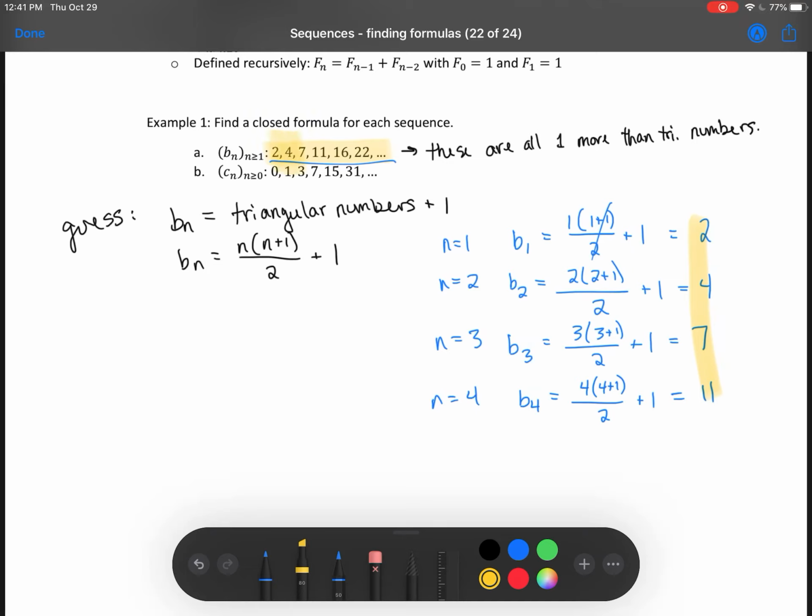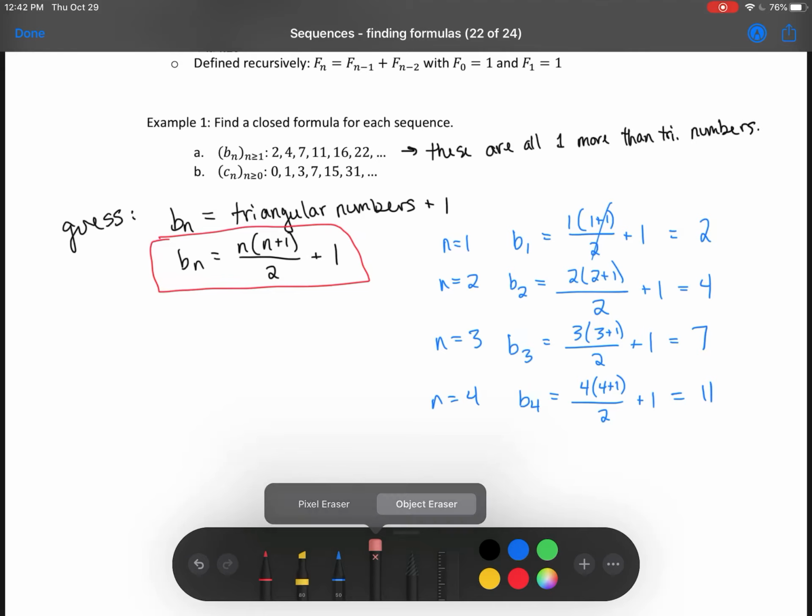Okay, so what we're doing, again, is checking that these numbers match up with the ones that we were given in our sequence, and it looks like they do. So that tells us that the closed formula for this sequence B sub n is this that we have right here, B sub n equals n times n plus 1 over 2, whole thing, plus 1.